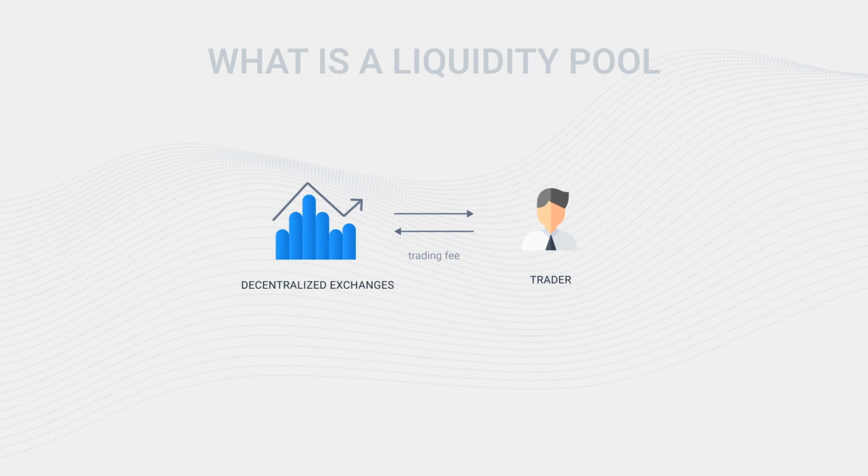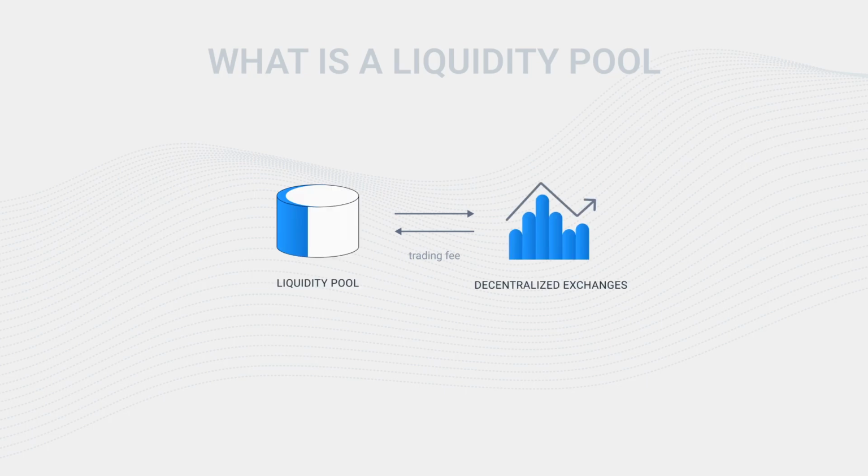Some examples of decentralized exchanges are PancakeSwap for the Binance Smart Chain, Trader Joe on Avalanche, and QuickSwap on Matic, and the list continues, but this is not the point of this video.